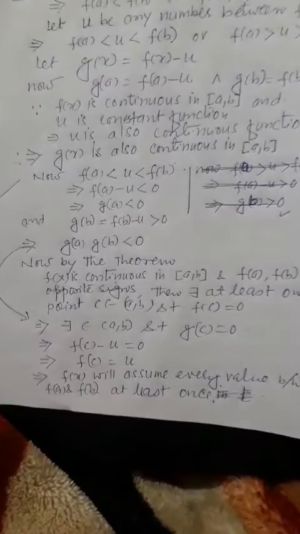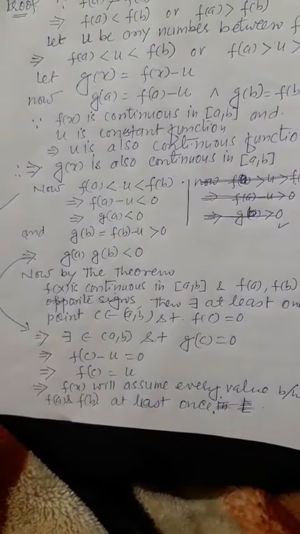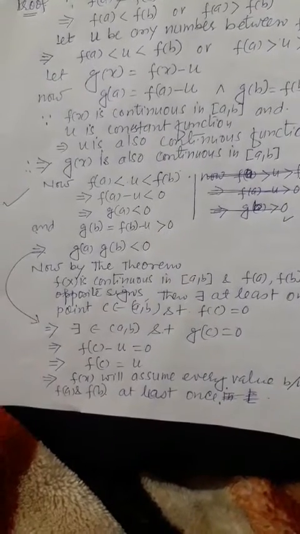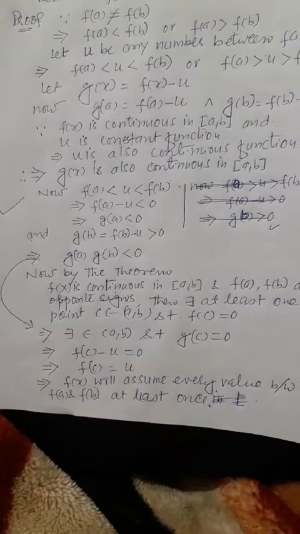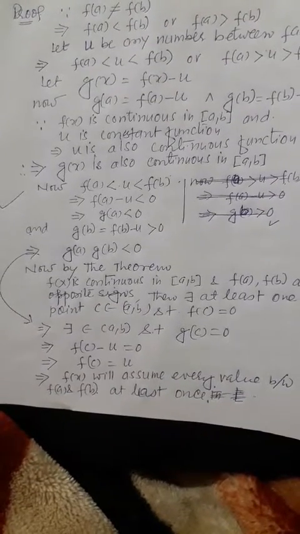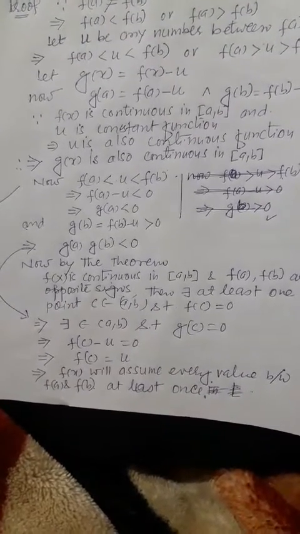Since f(x) is continuous in closed interval [a, b] and u is a constant function, every constant function is always continuous function in every interval.